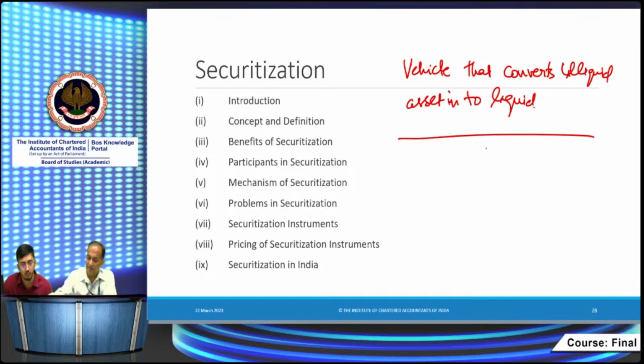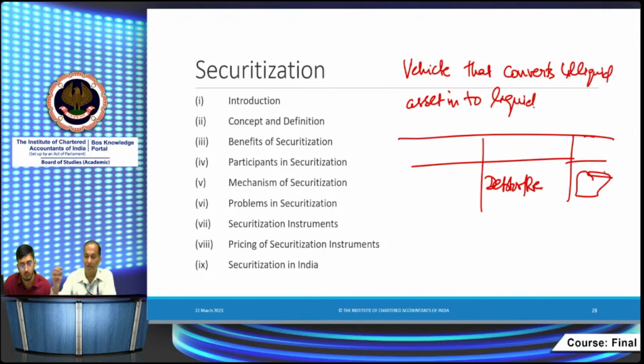Normally, in the balance sheet of every company, because they sell goods or services on credit, the debtors or receivables are lying there. Of course, this is an asset of the company, but it cannot be used by the company. So what they do is transfer all these receivables to a vehicle called a special purpose vehicle.